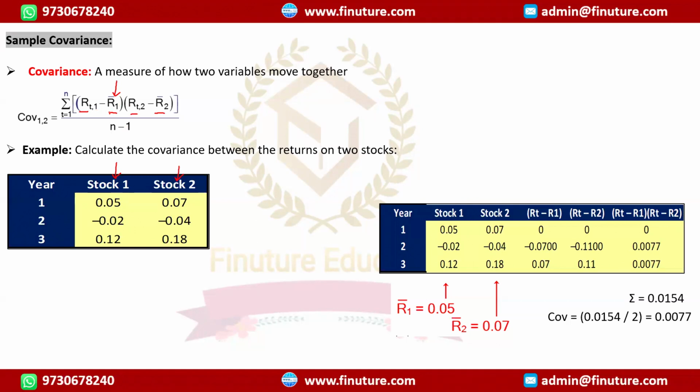For a sample, I know that the deviation of one data point from the mean is going to be zero, because one data point is the mean itself. So that is the reason instead of n, we divide by n minus 1 in case of a sample.